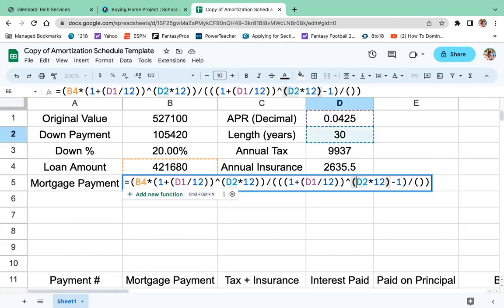This is the power, and then it's all minus 1. So I think we're good. And then all we need to do here on the bottom, finally something easy, is take the rate divided by 12. And theoretically, I think we're good now. Let's see what I get back.